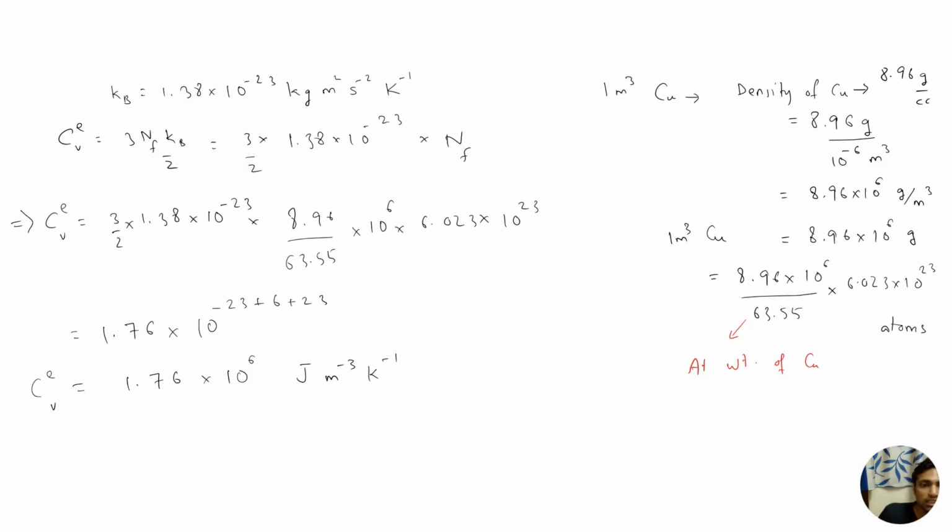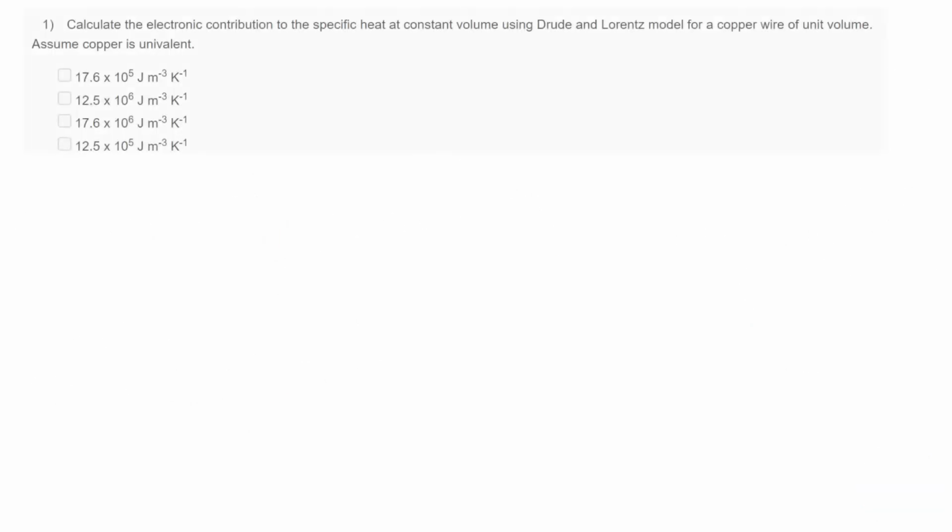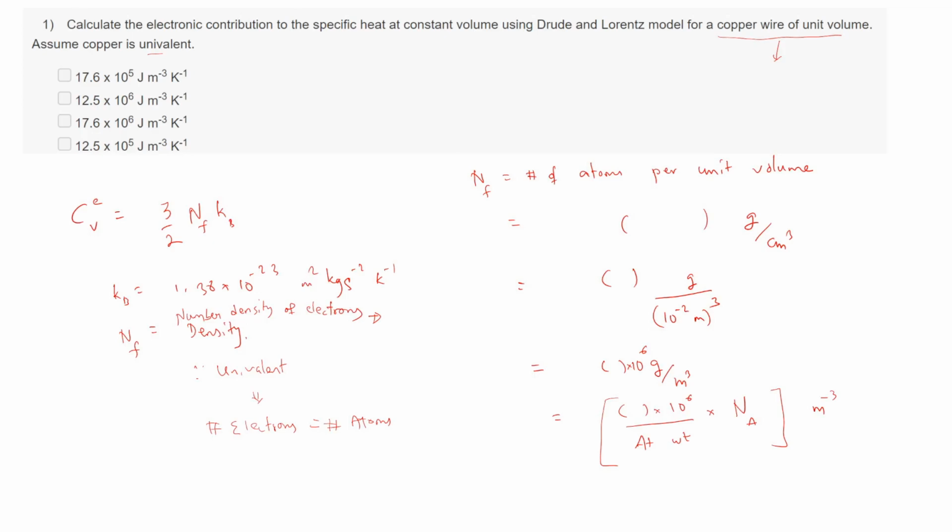You plug everything in, 3 by 2, the value of kB, and this nF, and you get 1.76 into 10 to the power 6. The point to understand is that this is your working formula, 3 by 2 nF kB. If you know this, you can find everything else.